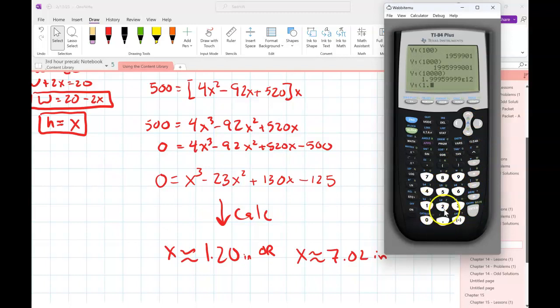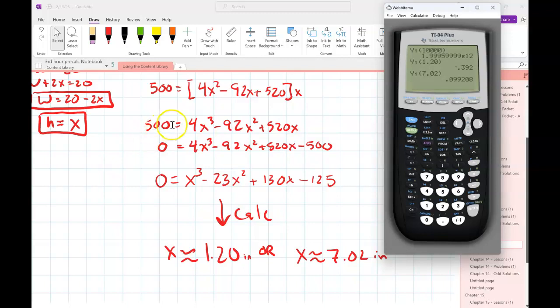Well, not quite 500, right? What am I going to be getting? That's weird. They should be giving me 0, which is about what we're getting.